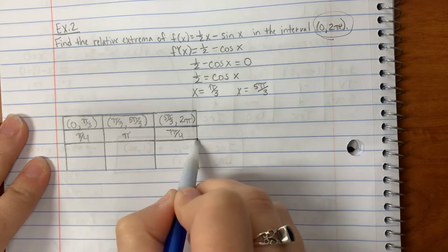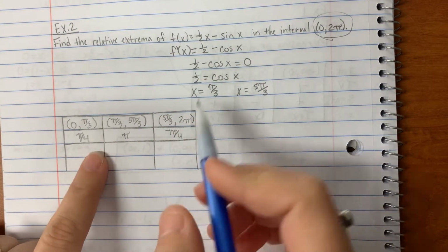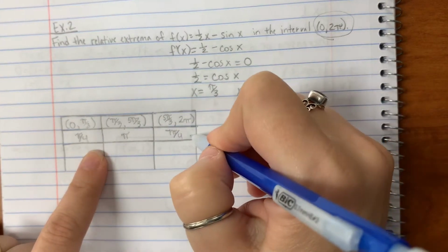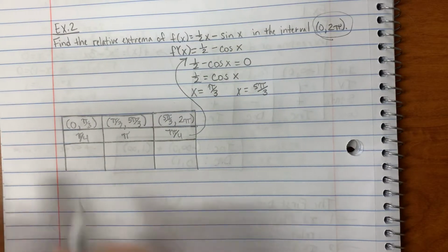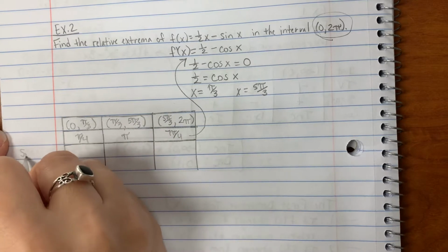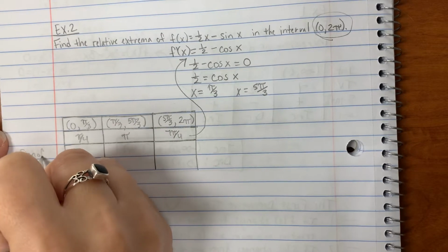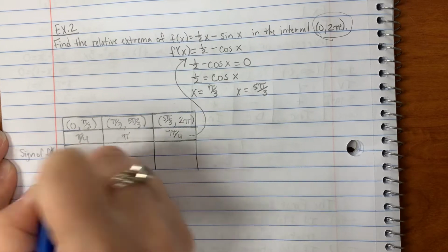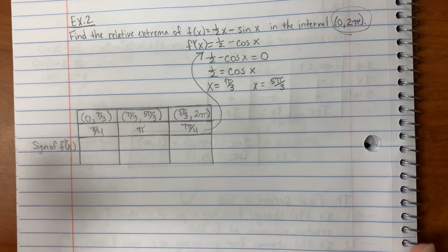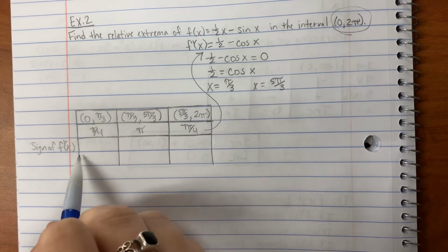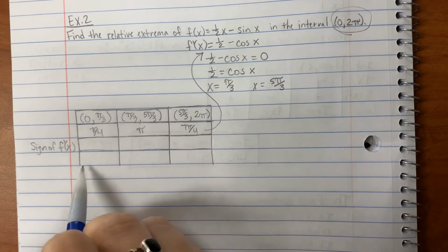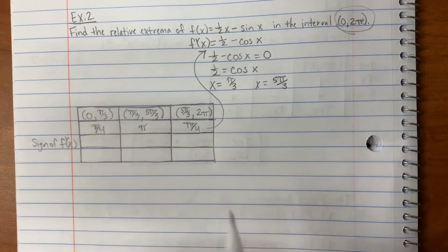All right, so I am plugging these values into the derivative. I'm going to go back up right there is where I'm going to plug those in. So remember, this is the sign of f prime of x. Make sure that you know to plug it into that, not the original function, which sometimes gets confusing. Okay, so when I plug that in, let's see what we get here.